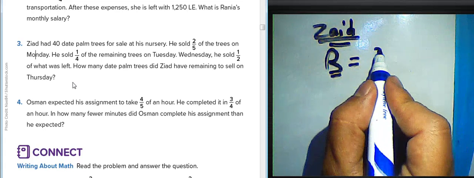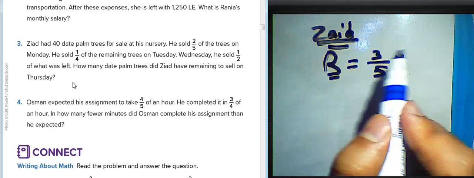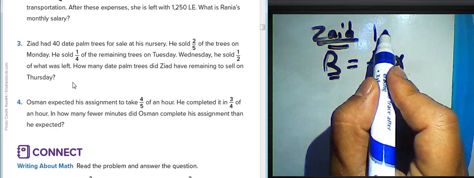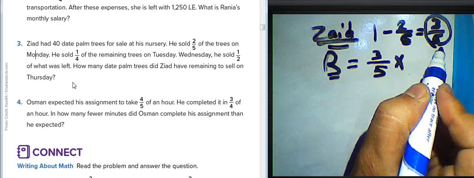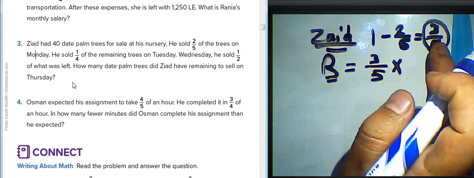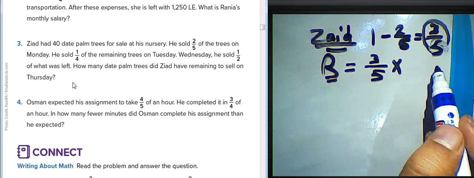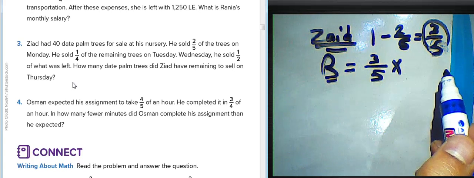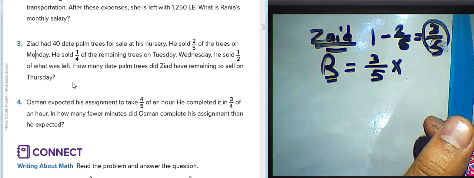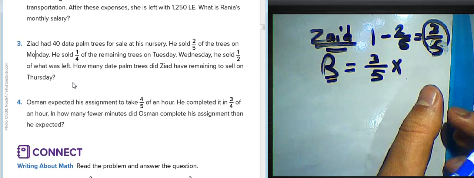It will be 3 over 5 of all, because Ziad sold 2 over 5. So 1 subtract 2 over 5 will be 3 over 5. It's the remainder with Ziad, 3 over 5 of the palm trees.